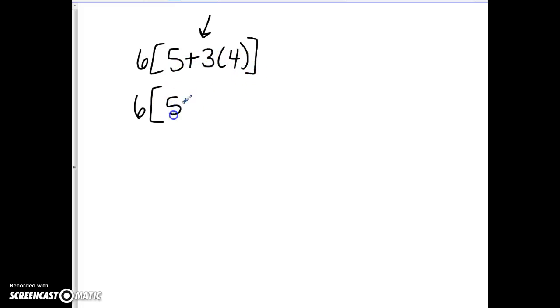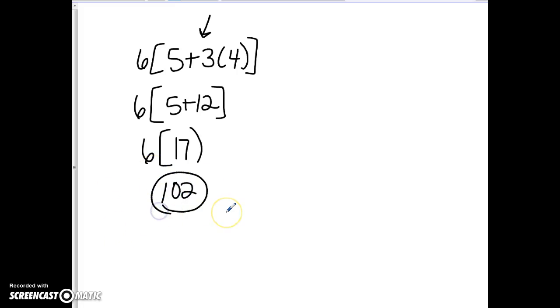So I'm going to multiply the 3 and the 4 together first, and then add, 5 plus 12. And it doesn't matter, you can do parentheses or brackets, or I did one of each. And then 6 times 17 is 102. So start inside the brackets, kind of work your way out.